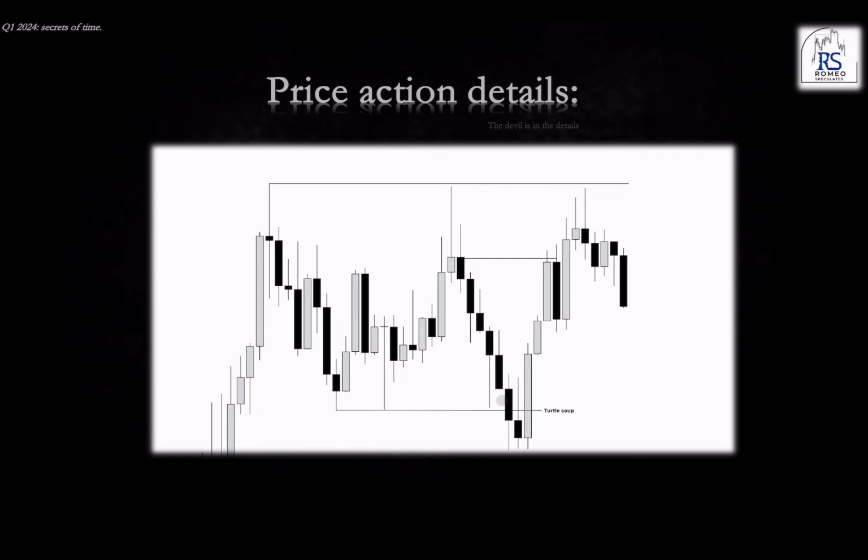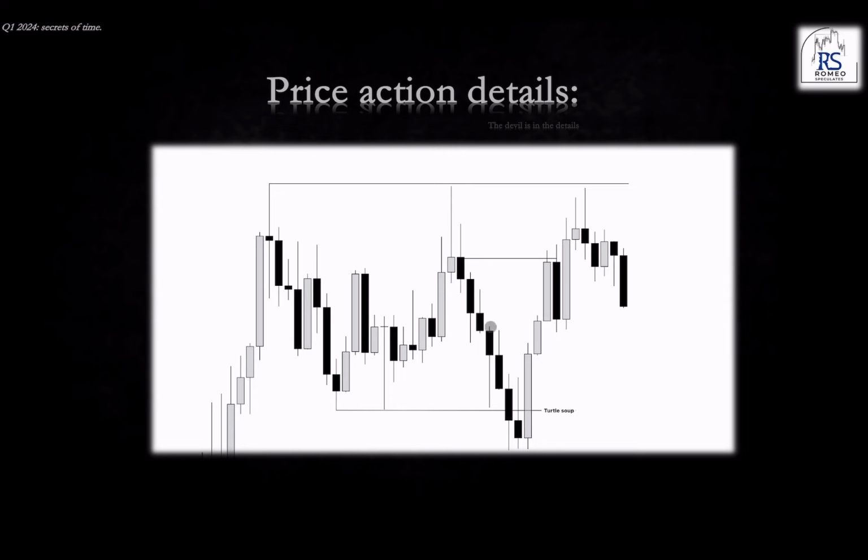Now, the thing I want you to see in this one is range, accumulation, manipulation, bullish from here, distribution. As soon as we close above, if you notice, all the way down here, we didn't close above, not a single candle.